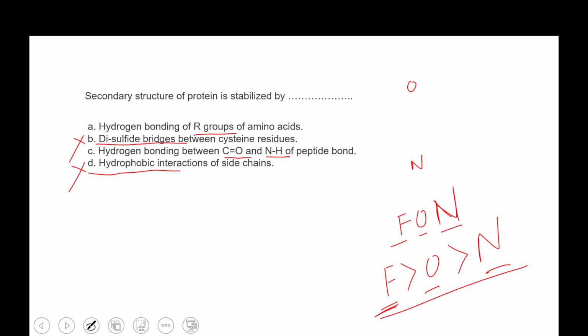So the two atoms should be electronegative, and the hydrogen will be attached to one of the electronegative atoms, and then there is a bonding between the hydrogen and the other electronegative atom. This particular bonding is referred to as a hydrogen bond. It could be the opposite also, like this.